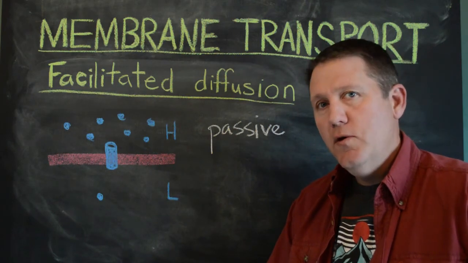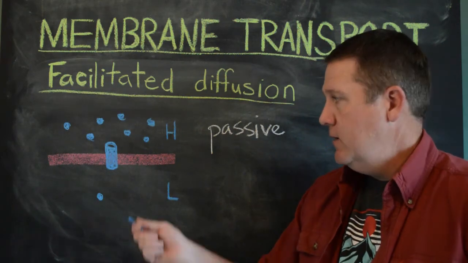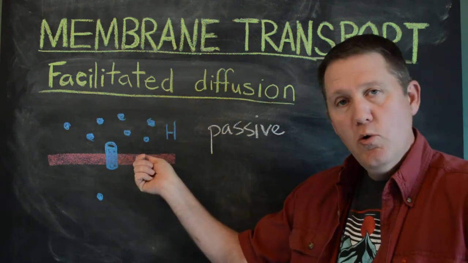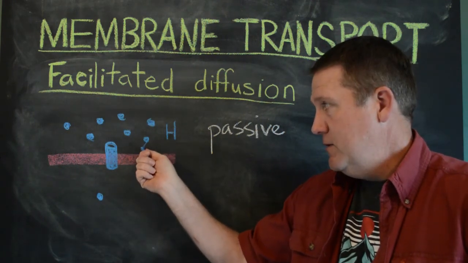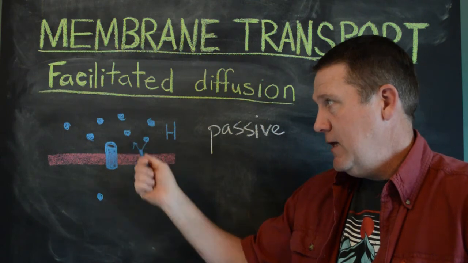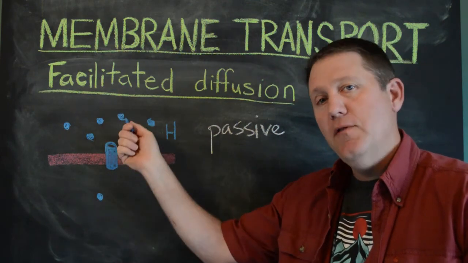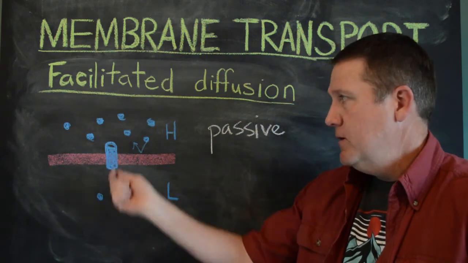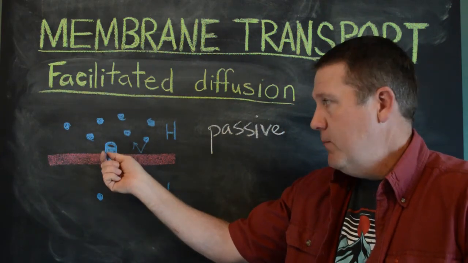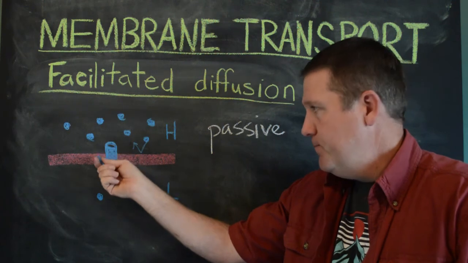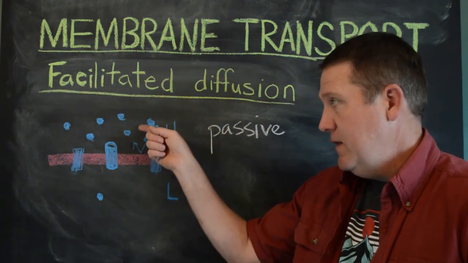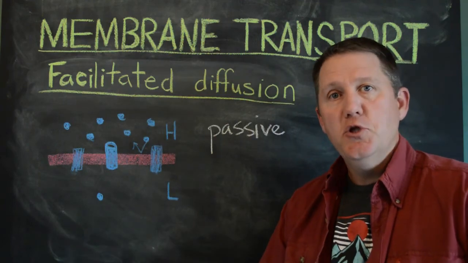And like that flow down gradient concept, this membrane represents resistance. There's more resistance to flow because these can't pass through. They kind of bounce off that membrane because they're polar or charged in some way. So they can only move through here. But the more of these we make, the less resistance there is, and the faster these particles can spread out.